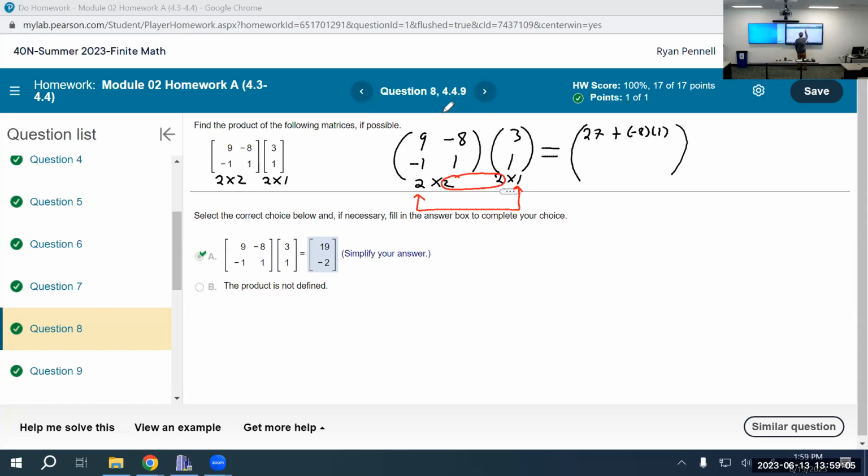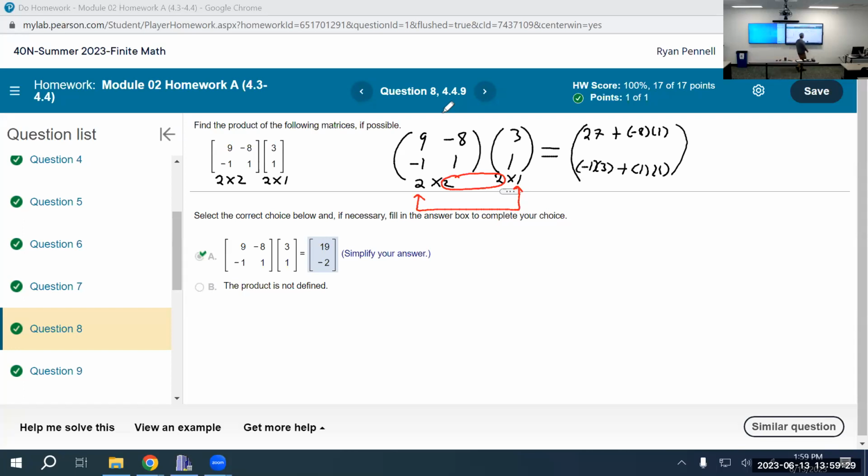All right, now what about the second row, first column? Second row, first column. So that's -1 times 3 plus 1 times 1.